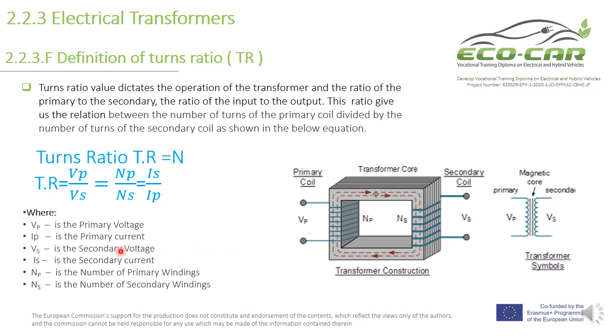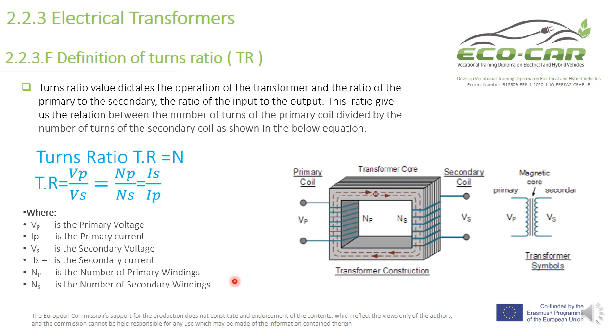See here, VP is the primary voltage, IP the primary current, Vs the secondary voltage, Is the current in the secondary coil, Np the number of primary windings, and Ns the number of secondary windings.